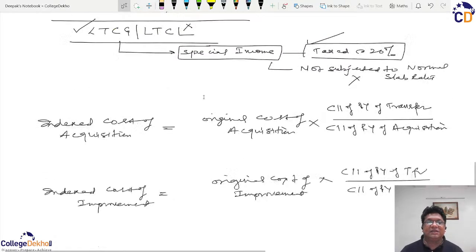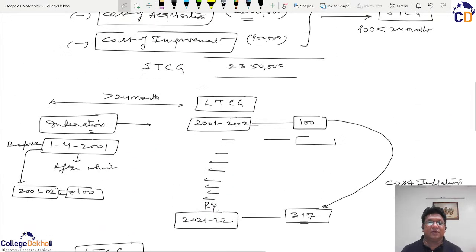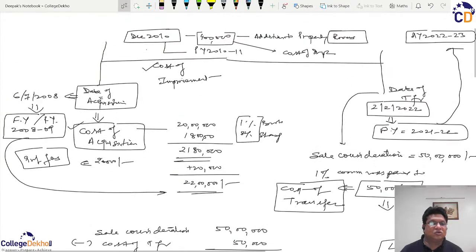So if I take the above example here, the original cost of acquisition was incurred in the previous year 8-9, and improvement was done in the year 10-11.